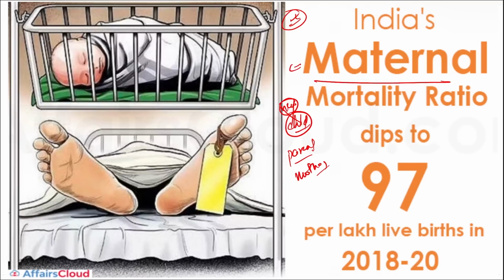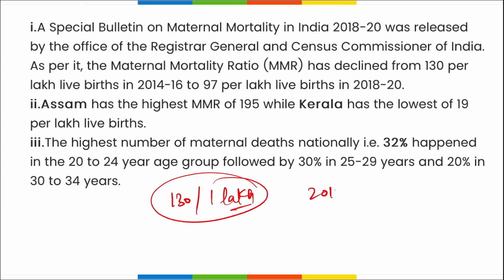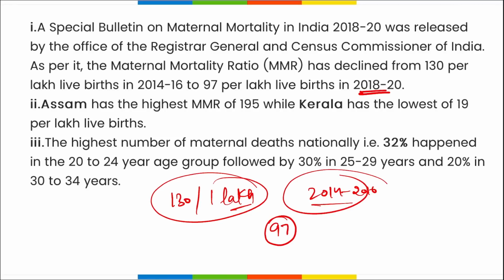So the mothers who die during childbirth has recently dropped to 97 out of 1 lakh live births in 2018 to 2020. I repeat, earlier this data, that is maternal mortality rate, was 130 per 1 lakh live births for the year 2014 to 2016, and now it has dropped down to 97 per lakh live births in 2018 to 2020.